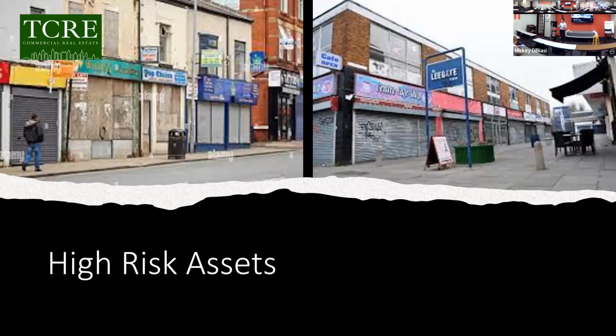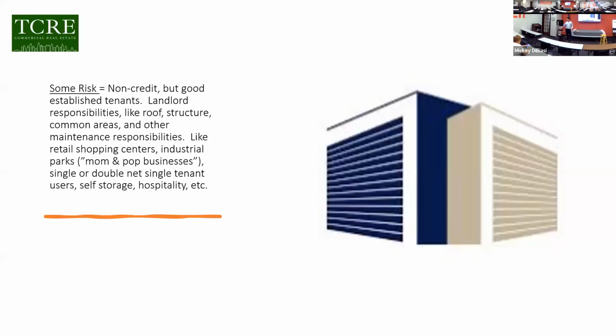These are high risk assets, but high opportunity. You've seen it in Atlanta. They've gone through these gentrification areas where you have Class A buildings across the street from dilapidated ones, but those are worth looking into. Those are opportunities.